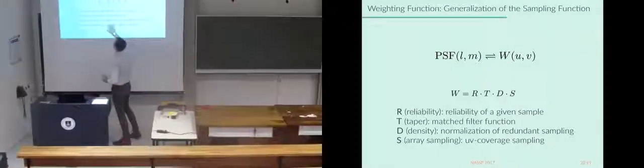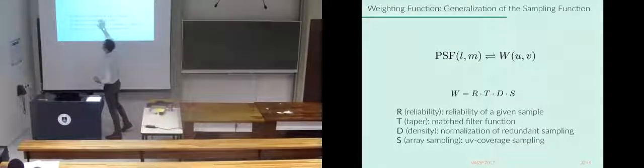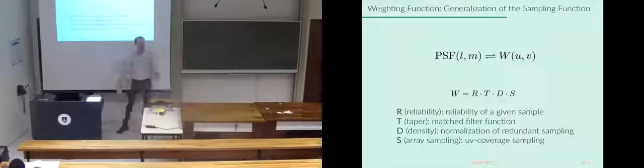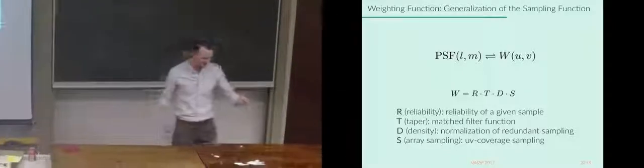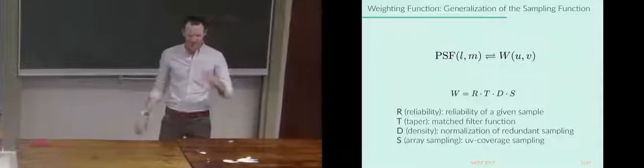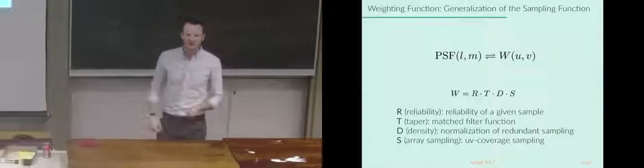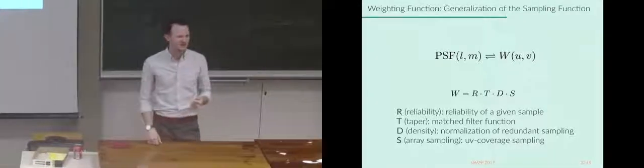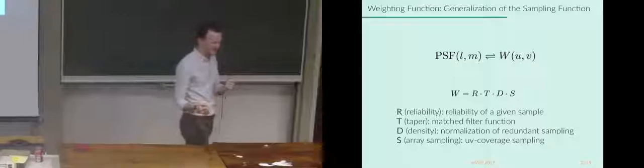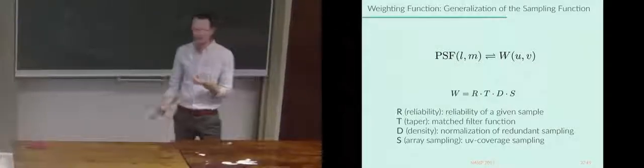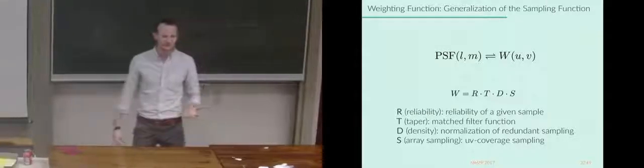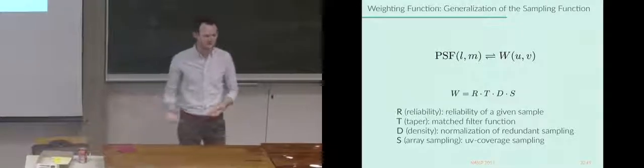Then there's another component called the reliability. Say you have an array of dishes, and say one of the dishes is bad or it's not as sensitive as the others. You would want to give every baseline measurement with that dish as part of the pair less weight than some of the other baselines.